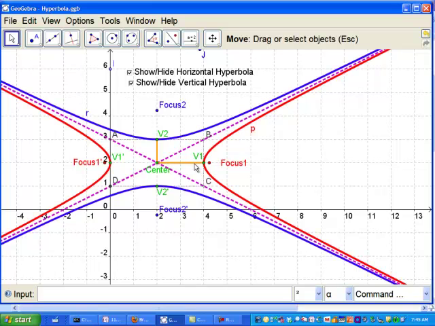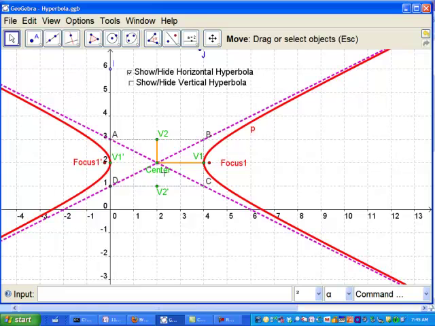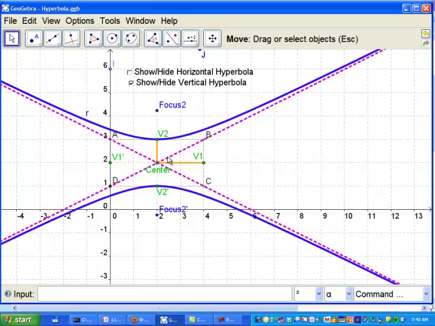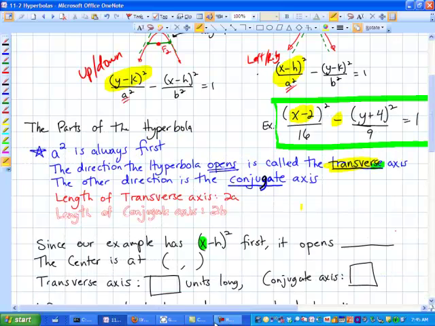The major axis we think of as being the big one, but it doesn't have to be. If I wanted a vertical hyperbola, this transverse axis is smaller than the conjugate axis. So you have to always pay attention to which way it's going, and that's why we can't use a handy notation like major and minor.